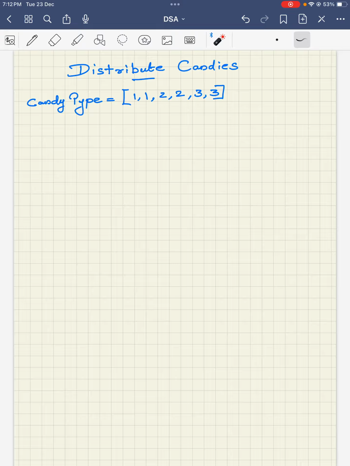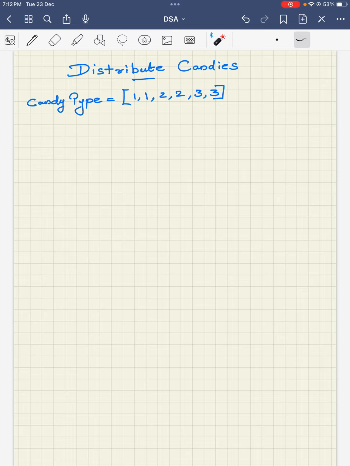These two candies are the same, so there are two candies of category 1, two candies of category 2 and two candies of category 3. This information is the candy type.